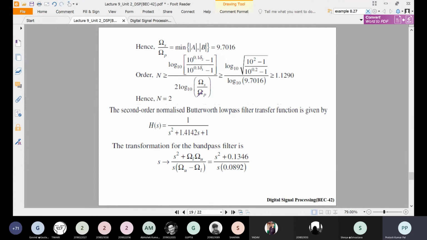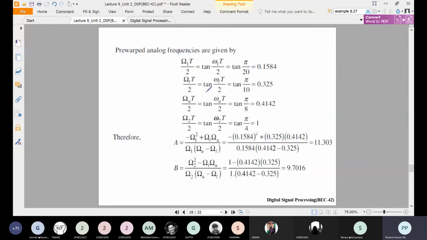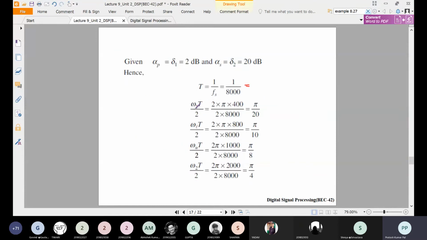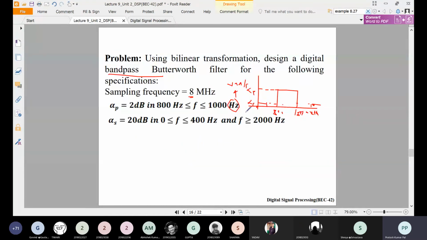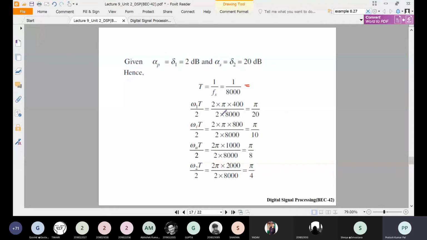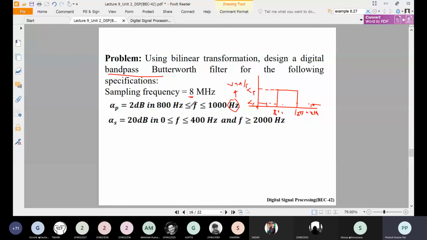In the denominator we require the stop band frequency divided by the pass band frequency. But in this case it has different frequencies, so we need to find the stop band frequency and pass band frequency. To find them, f is given, which is basically in terms of the digital filter. The specification is there.